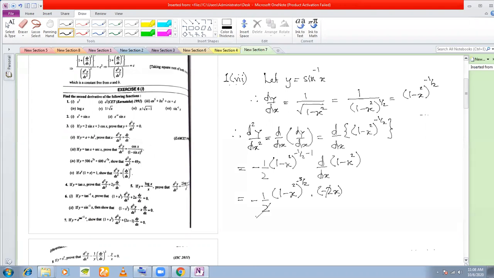So this 2 and this 2 will cancel, minus minus will become plus. You simply get x into (1 minus x square) to the power of minus 3 by 2. If you want, you can write this as x by root of (1 minus x square) cube, which can also be written as x by (1 minus x square) root 1 minus x square. Clear?